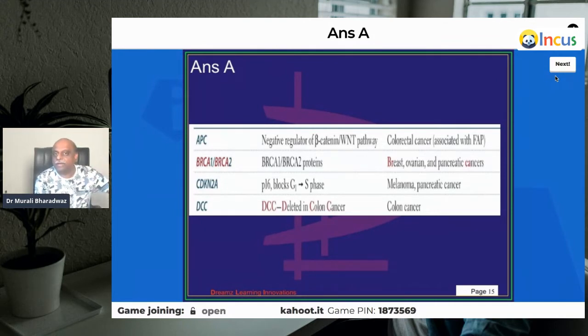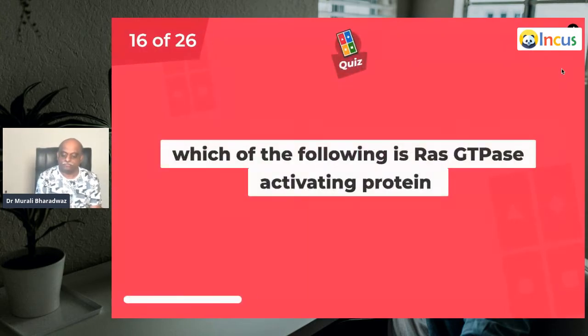BRCA1, BRCA2 are involved not only in breast but also in ovarian and pancreatic cancers. CDKN2A is the one associated with P16, which blocks G1 to S phase and is implicated in melanoma and pancreatic cancer. DCC, the other name is deleted in colon cancer. So colon cancer is DCC, is what you should understand.